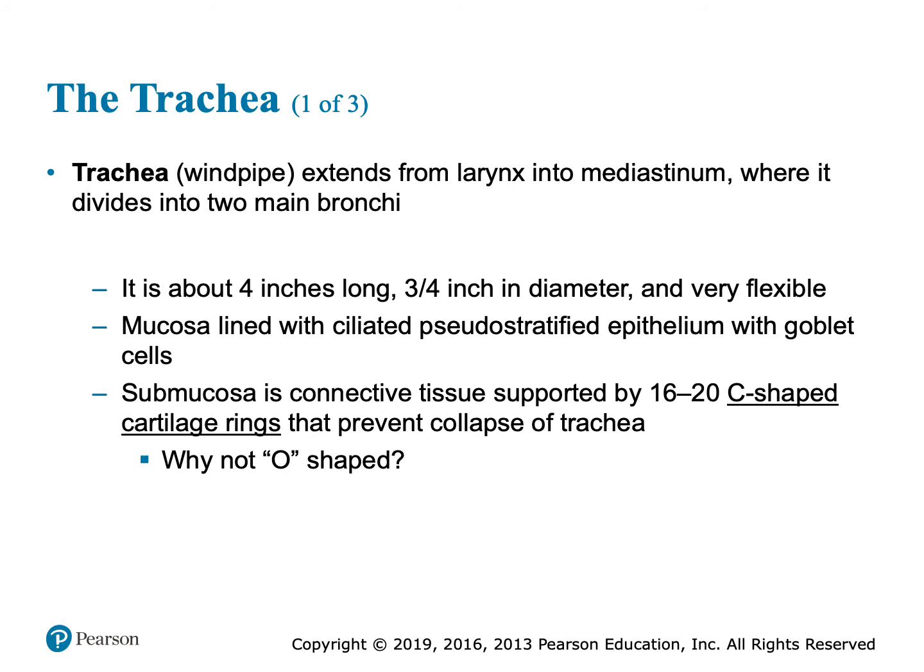You have to have a little bit of stretch in the esophagus. Well, if the back side, the posterior side of the trachea was a complete C-ring, you're more likely for that food to get hung up and for you to feel that lump in your throat or even choke.